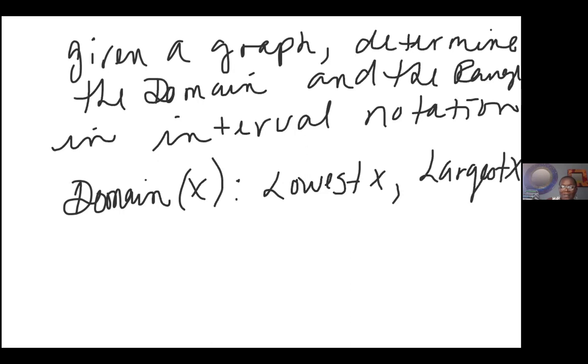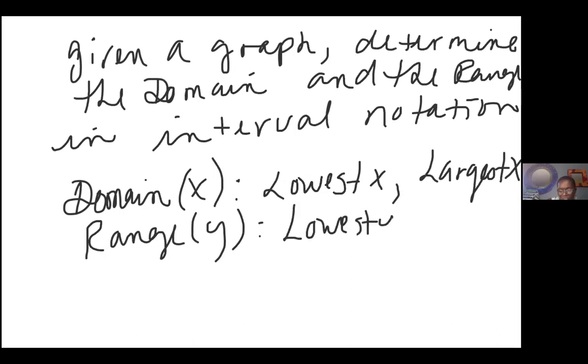So lowest x up to the largest x, guys, in interval notation. Likewise, the range has to do with the y values. So when we look at the y values, again, what is the lowest y value on which this function is defined? Up to the largest possible y value on which this function is defined, guys. That is what you're looking at.